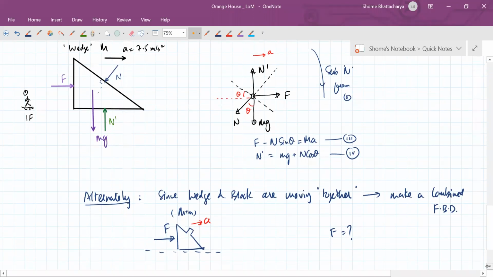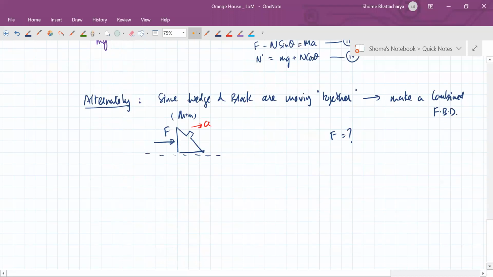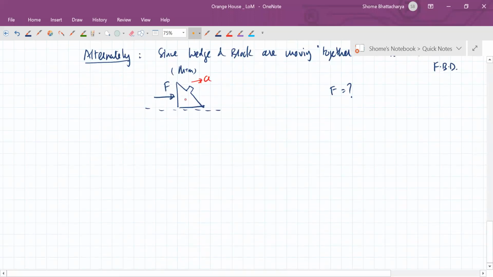So if you do this, you'll see that on this system, these are the only forces which are there.